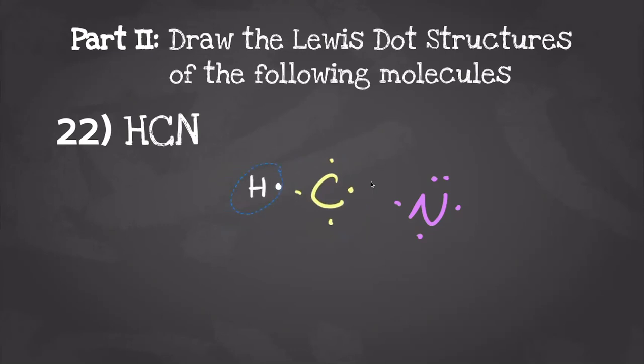And if I move my hydrogen here, I can see what needs to happen between the carbon and the nitrogen so that they can each have a full octet. Let me move it a tiny bit closer. This electron can pair up with another electron from the nitrogen, and this extra electron can pair up with another electron from the nitrogen.